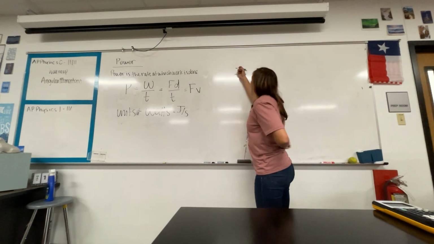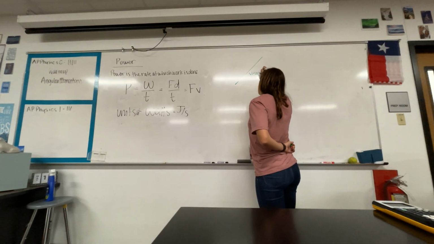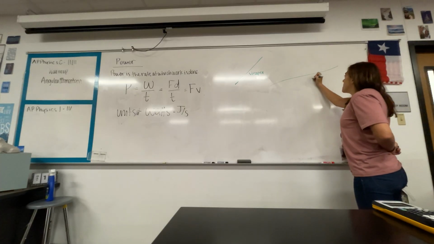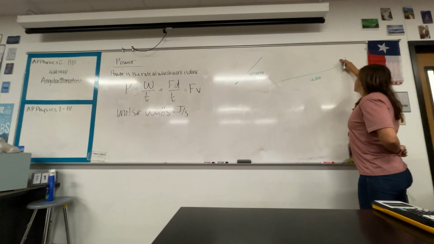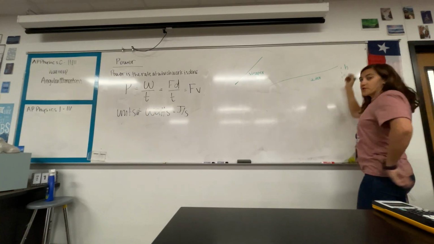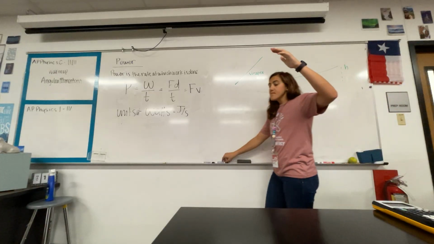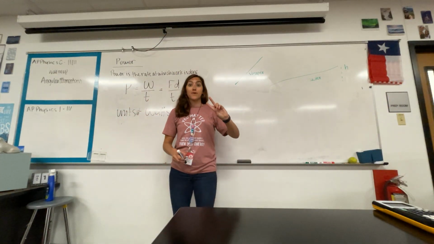Let's say this. I have 2 ramps. One is steeper. One is flatter. But they both go up a height of h. No matter how I drew them, they both go up the same height. So I have 2 ramps, one is steeper, one is flatter.